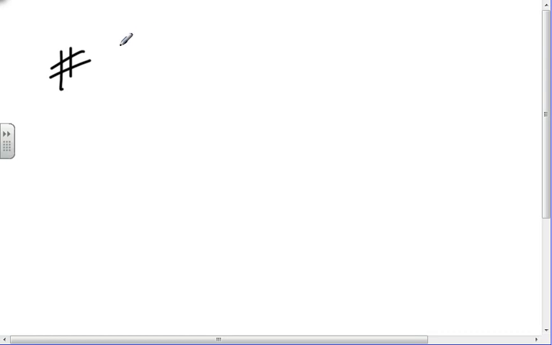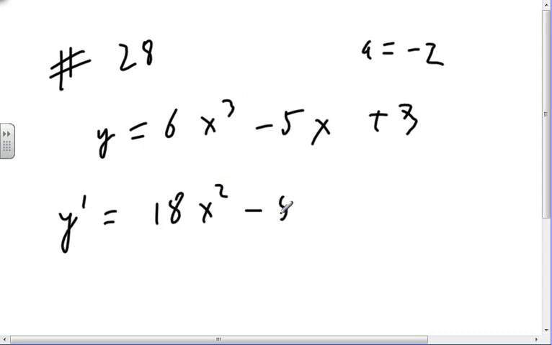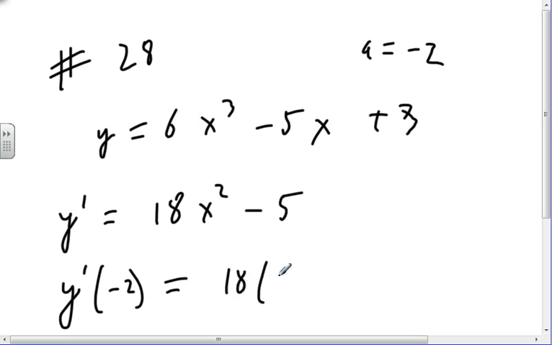Number 28. Y is 6x cubed minus 5x plus 3, and we want it at minus 2. So y prime is 18x squared minus 5. y prime at minus 2 is 18 times 4 minus 5.